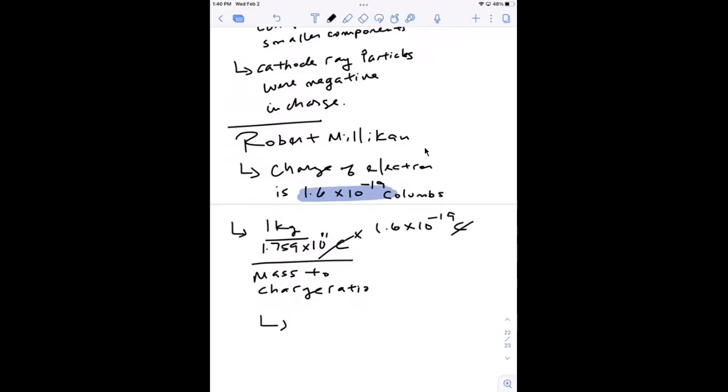So what he found out after taking that data and using the charge and using the mass to charge ratio as a conversion factor, he found out that the mass of one electron is 9.107 times 10 to the minus 31 kilograms. So that's the mass of one electron. Right.